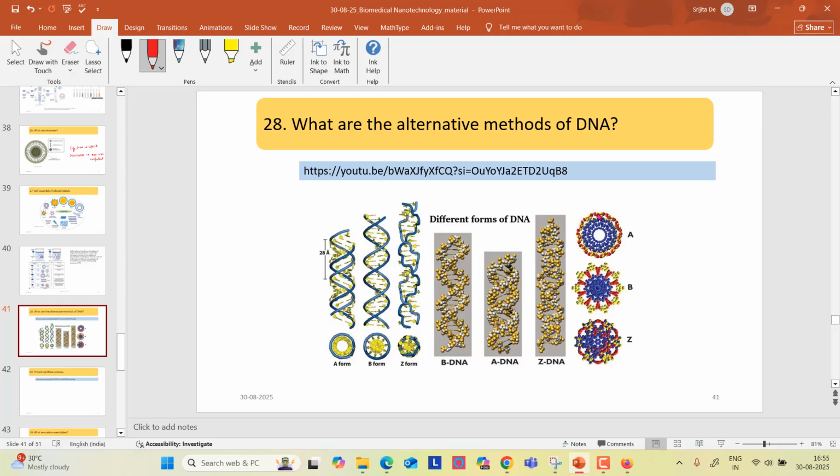So these are the alternative forms of DNA, that is A, B, Z DNA. There is a video here.